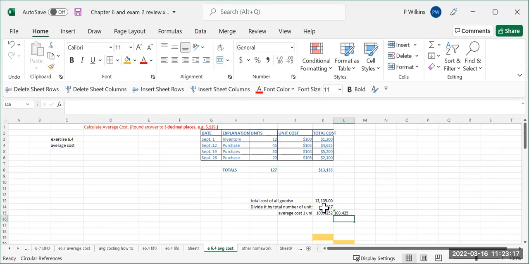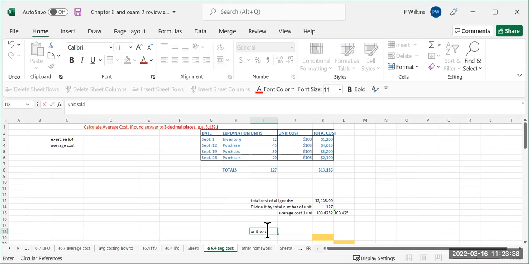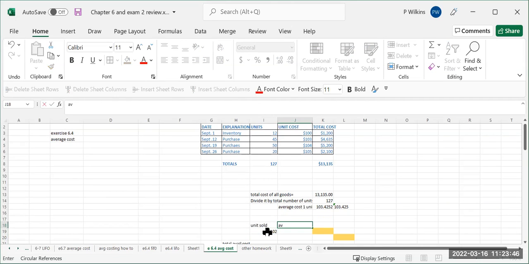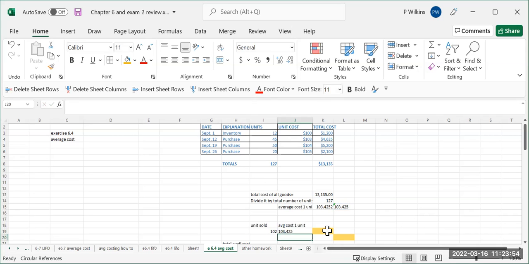So in this problem, they want the cost of goods sold. For the cost of goods sold, we're going to look at how many were sold. In this problem, they tell us 102 units were sold. The average cost of one unit is 103.425.